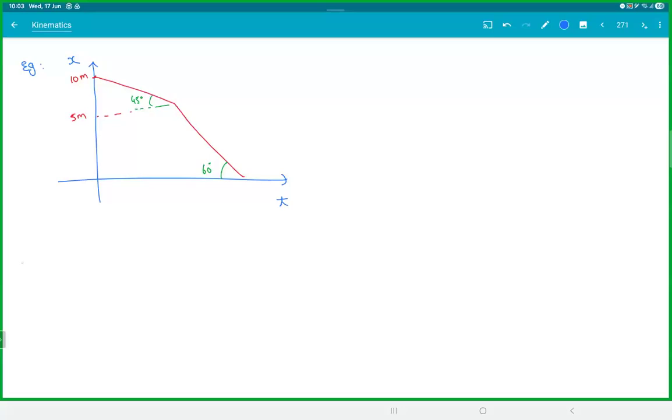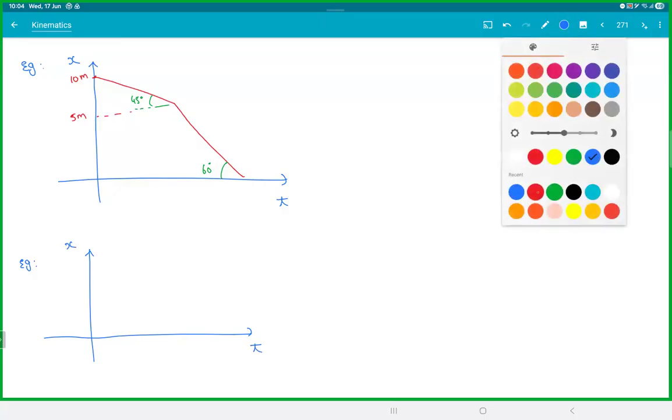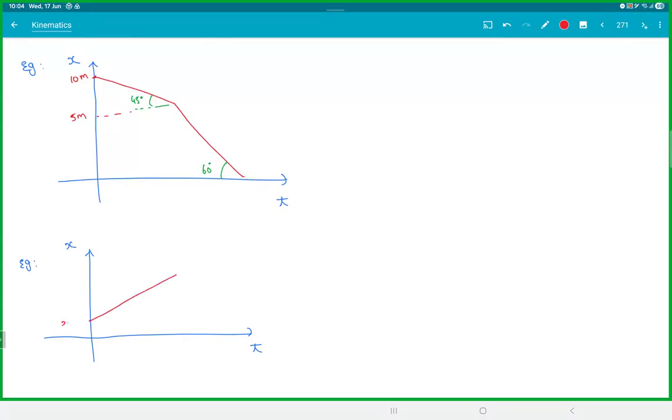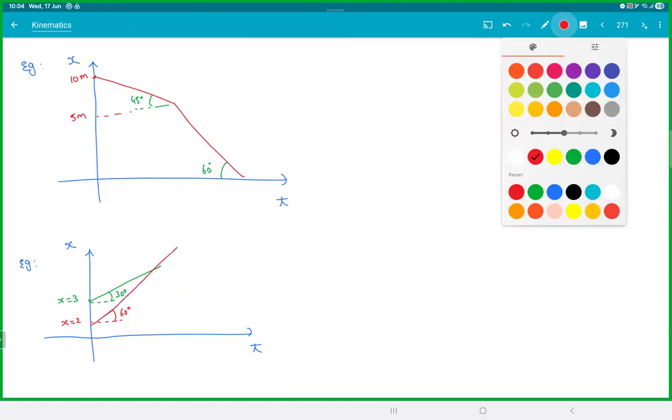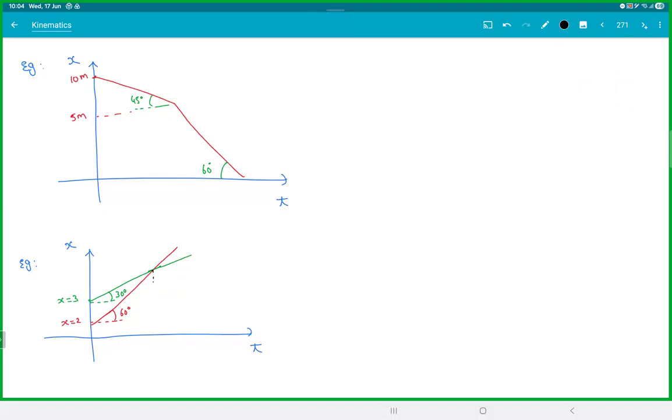Just roughly, whatever information you can pull from this graph. Whatever you can think of.